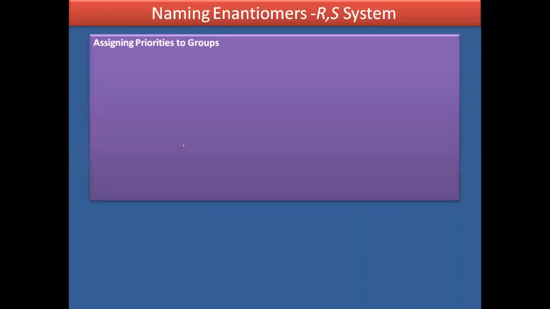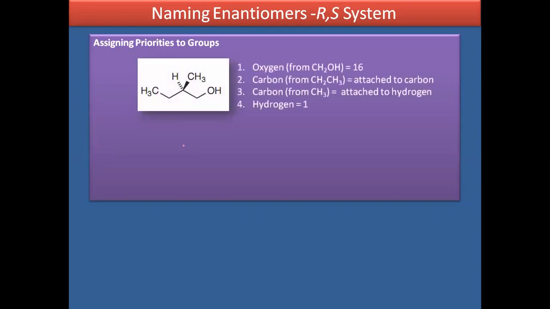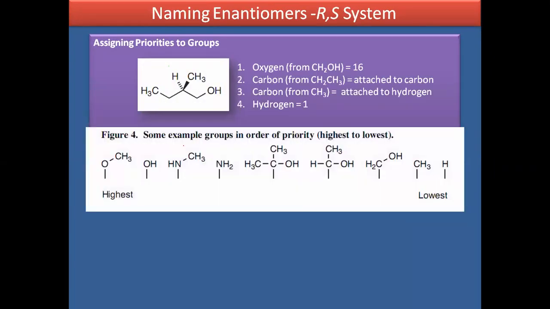Now, next with assigning the priority to groups, you have to observe some examples, from highest priority groups to the lowest priority groups. Here, highest priority methoxy, if you compare these examples with these groups, highest priority in these groups is OCH3 group, then OH, then nitrogen NH2 and CH3, then amines, then carbon atoms directly attached to any higher priority groups give the highest priority.